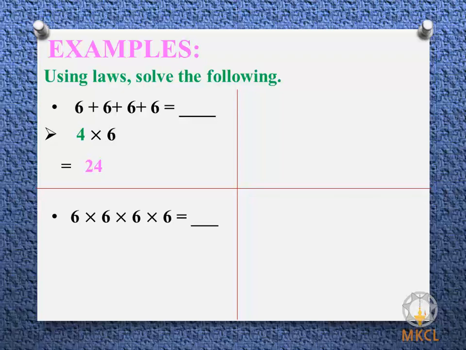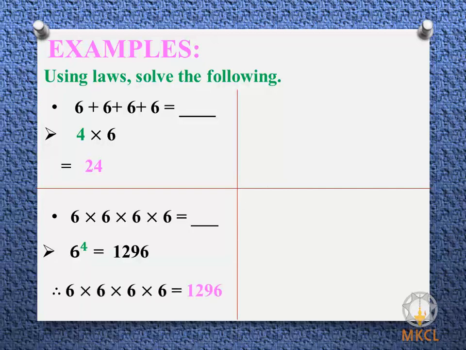Next example, 6 multiplied by 6 multiplied by 6 multiplied by 6, 4 times. So here 4 is called the exponent, and we write this as 6 to the power 4 is equal to 1296. Therefore 6 multiplied by 6 multiplied by 6 multiplied by 6 is equal to 1296.